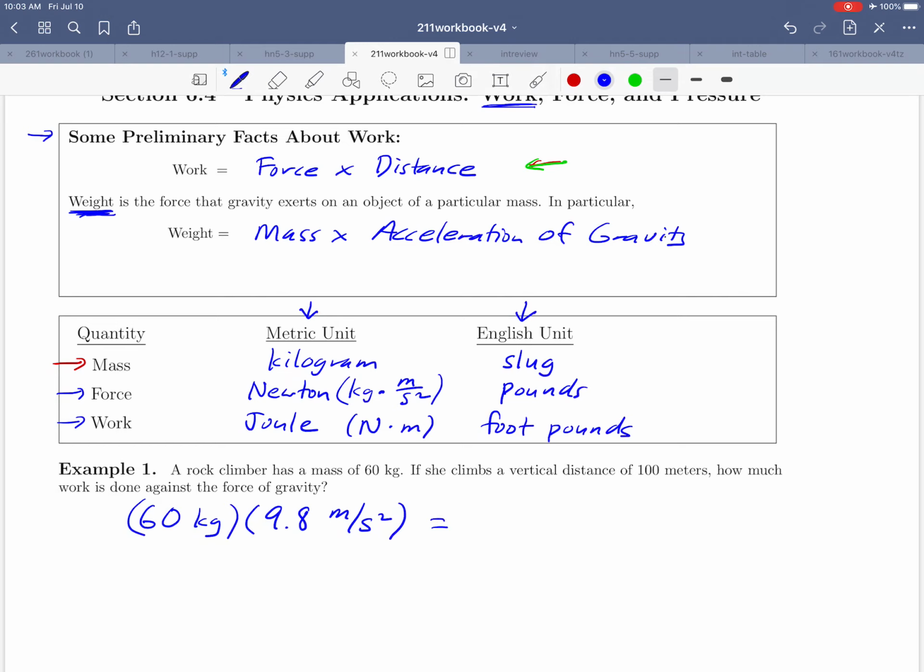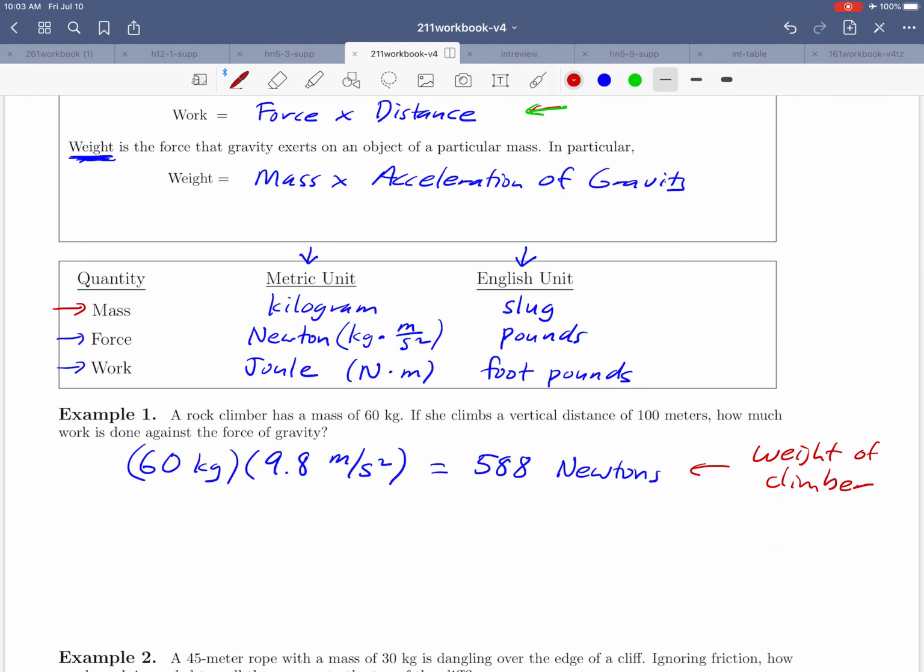Okay, if we multiply those, we're going to get 588, and units are kilograms times meters per second squared, so we've got newtons there. Okay, and let's remind ourselves that that's the weight of the climber. Okay, so what we've just calculated is the force, basically. That's the weight.